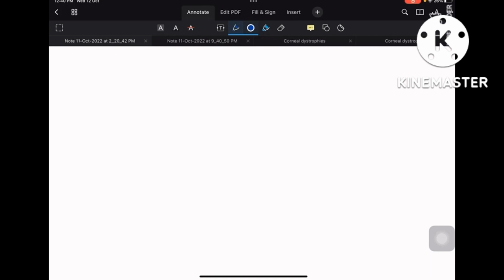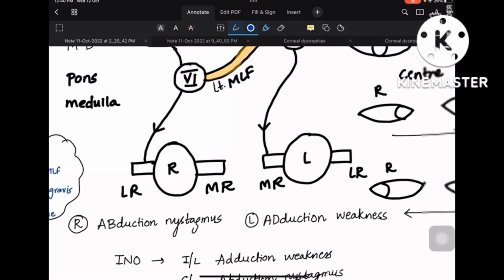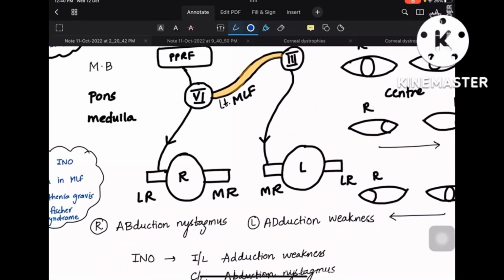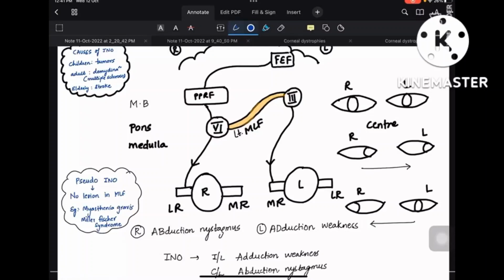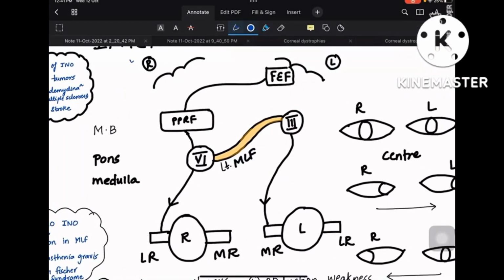Whenever you have to move both eyeballs to one side, let us suppose in this image you want to look towards the right side. Just imagine it with your own eyes, do the movement so that it will be easy and you'll retain this topic for longer. In this representation, here is the right side and this side is the left side.